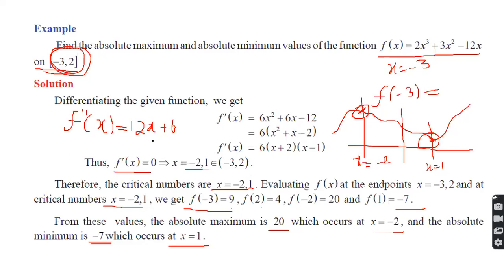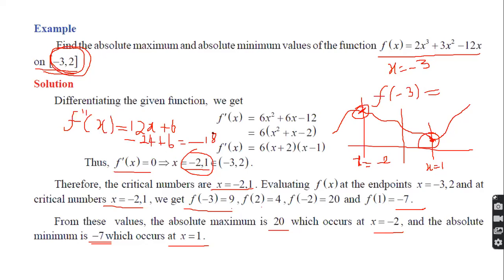Now substitute the values x equal to minus 2 comma 1. If you substitute x equal to minus 2 here, you get minus 24 plus 6, which is equal to minus 18.